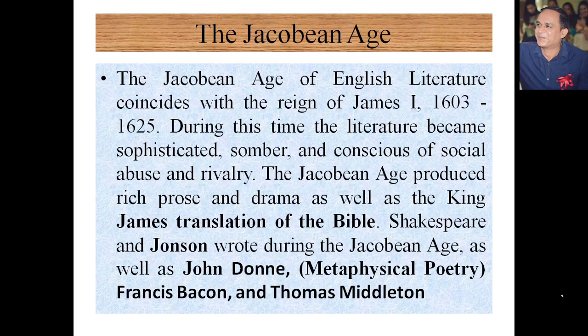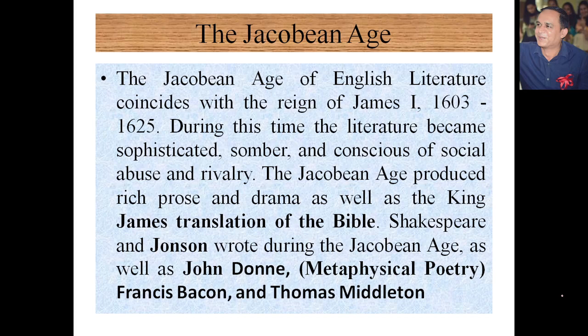The Jacobean age of English literature coincides with the reign of James I. James I's rule was from 1603 to 1625. During this time, the literature became sophisticated, somber, serious, and conscious of social abuse and rivalry.